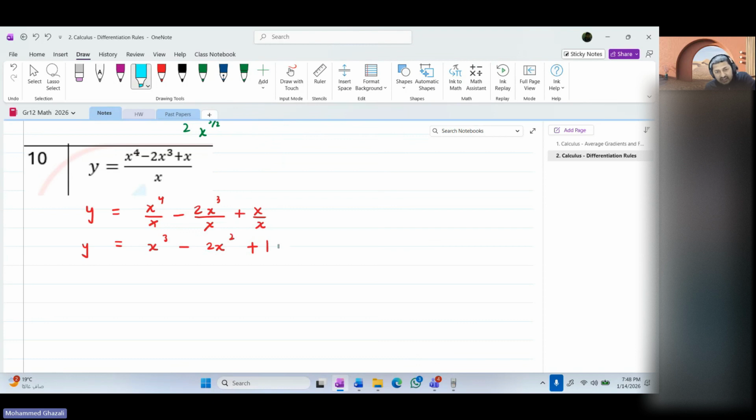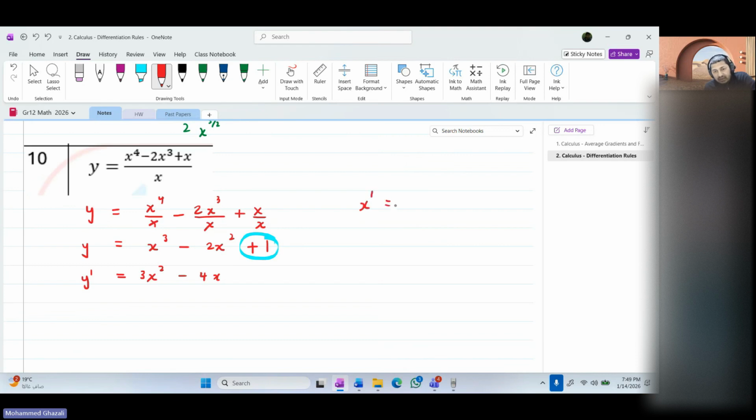Now note that we have a constant here, and we know the derivative of a constant is 0. So we can say y prime, right? Now what is y prime? 3 times 1, which is 3x squared. We took away 1 from the power. Minus 2 times 2 is 4x, we took away 1 from the power. 2 minus 1 is 1, so I'm not putting the 1 there. x to the power 1, right?